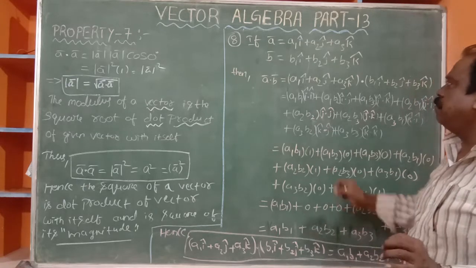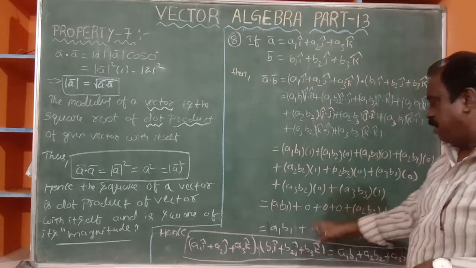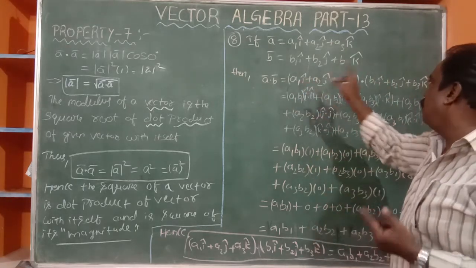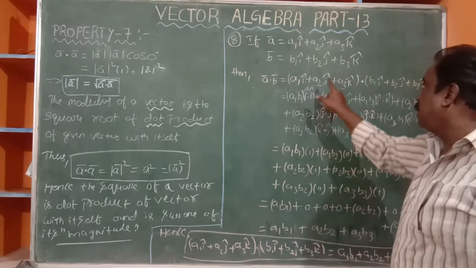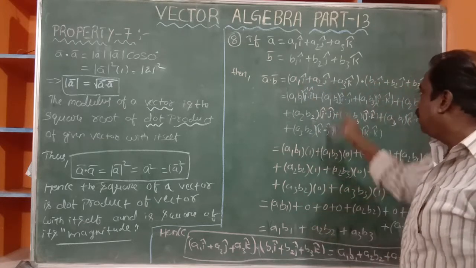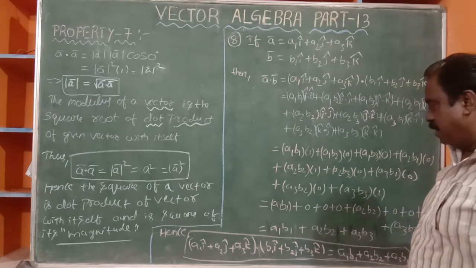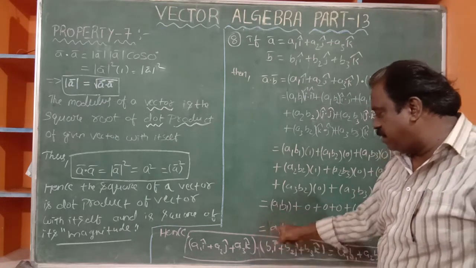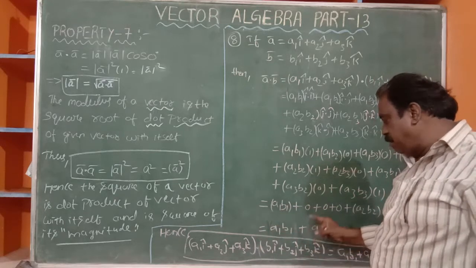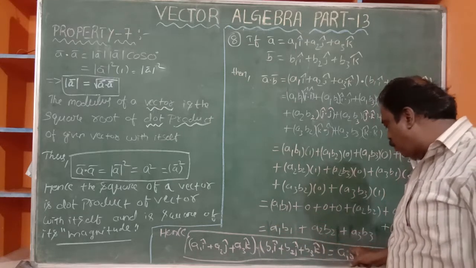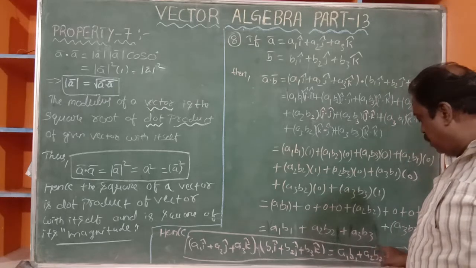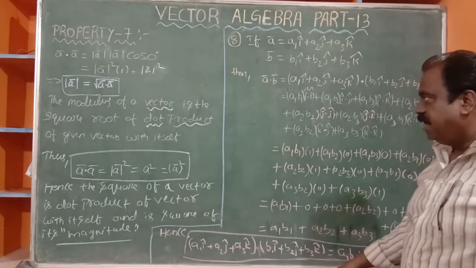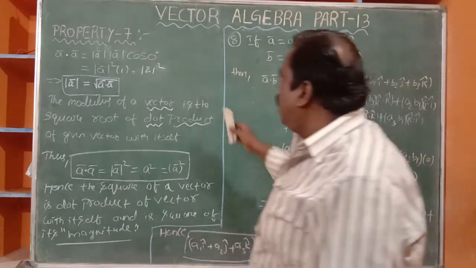Only i dot i remains, that coefficient A1 B1, next A2 B2, next A3 B3. Hence (A1i + A2j + A3k) dot (B1i + B2j + B3k) is equal to A1B1 + A2B2 + A3B3.